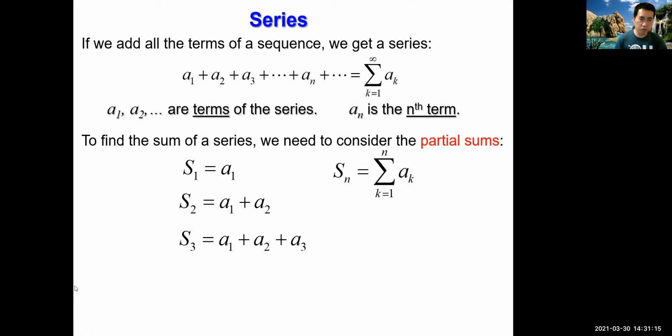So in order to determine the sum of all the terms in the series, we look at the sum of the first n terms.